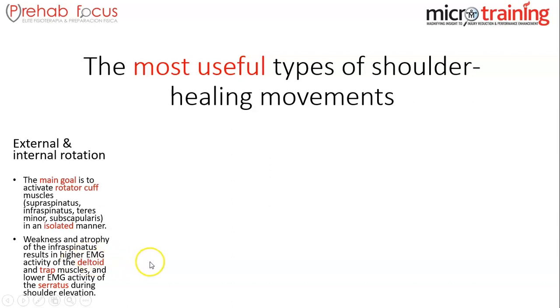This is the main reason, because as we saw here, it's extremely important to have that muscle strong enough in order to prevent the deltoid muscle from over-strengthening the system and over-dominating.